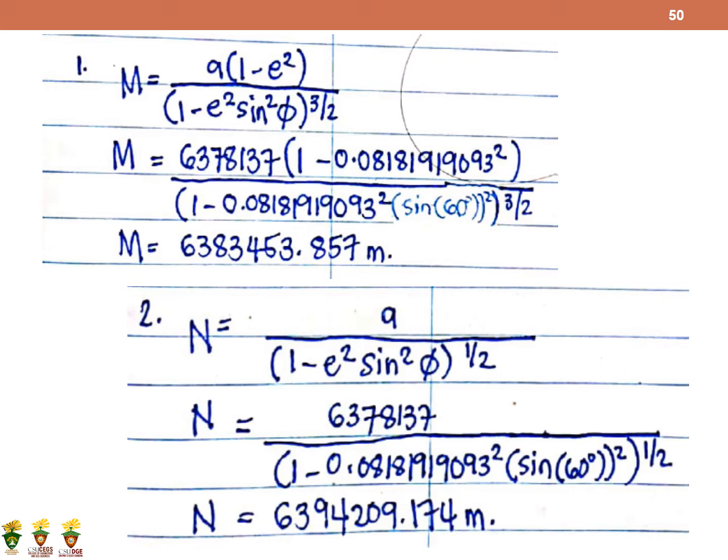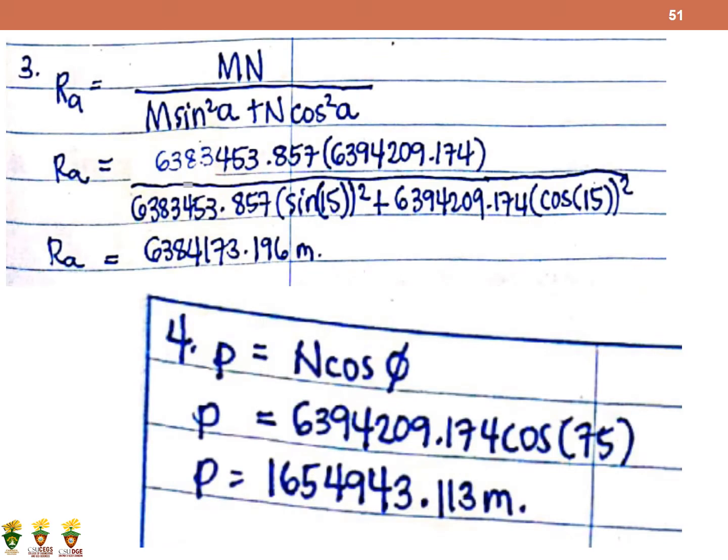Number 2 is the prime vertical radius. The formula is a all over 1 minus e squared sine squared theta raised to the power of 1/2. Substituting the given variables, we have the prime vertical radius to be 6394209.174 meters.